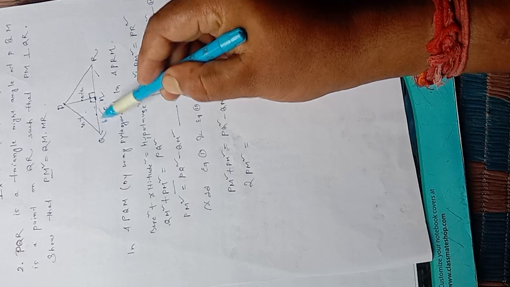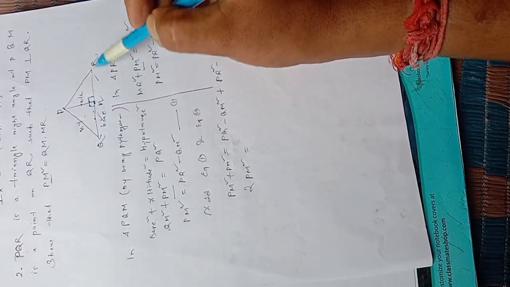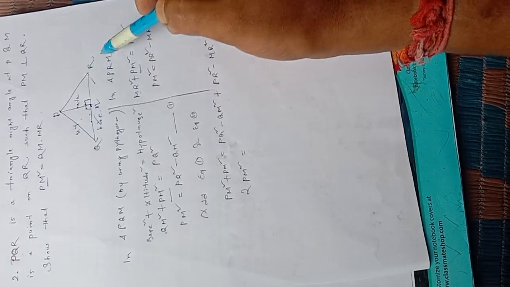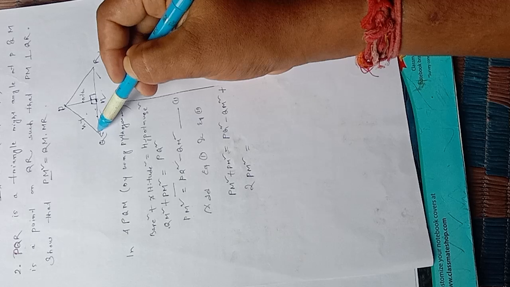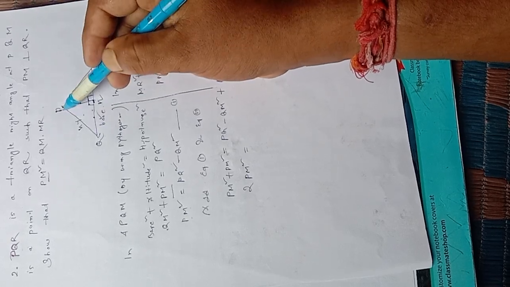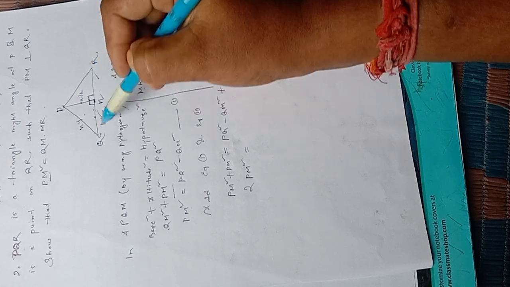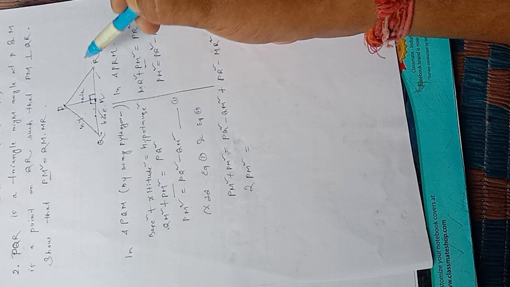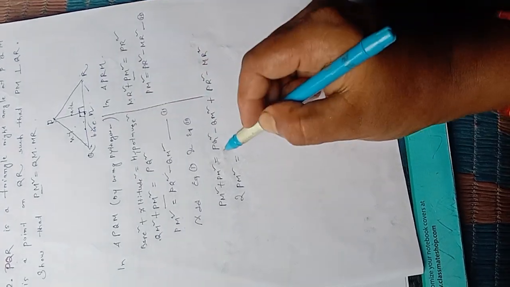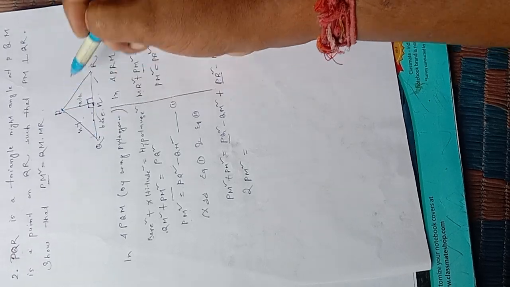Now here you see one thing: QM is the base of this right angle and MR is the base of the other right angle, PMR. Now if we add PQ square and PR square, we have to manipulate here.